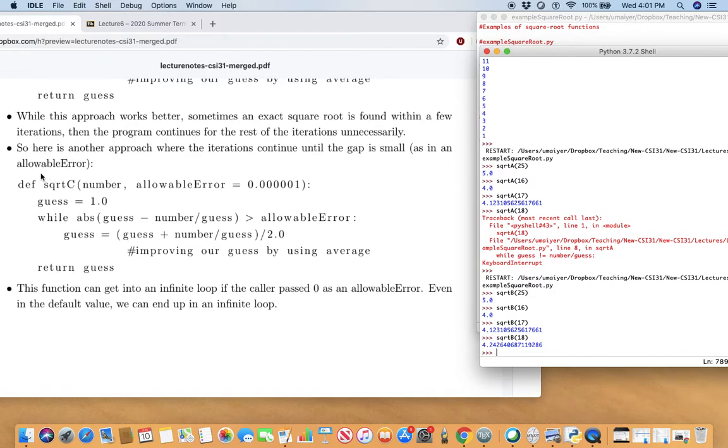We allow a certain error. This is a variable we introduce, allowable error. Let's allow an error of this. As long as guess minus number divided by guess is bigger than the allowable error, you improve it.